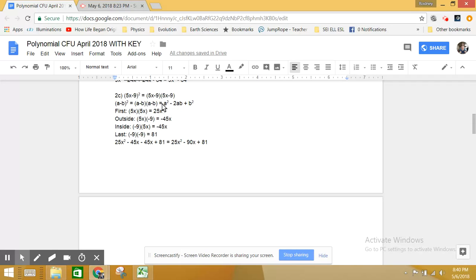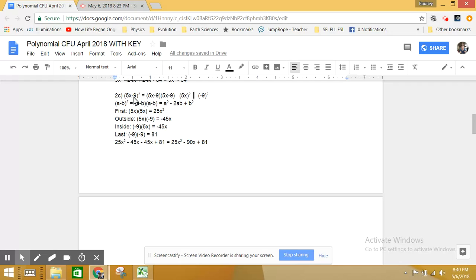So in this situation, we're really dealing with an a minus b thing. So a, in this case, the stand-in for a is 5x. So we'll have 5x squared. Our last part is negative 9 squared. That negative is inside the parentheses, so we will be canceling it out.